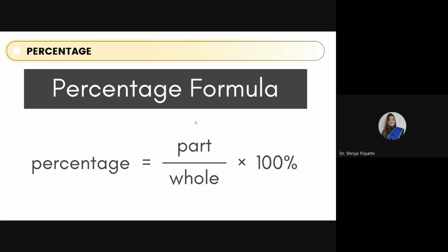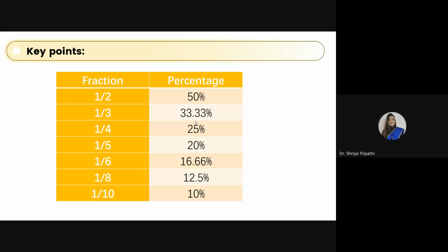If I'm saying 25%, that would be 1 by 4. What is that part which we are trying to consider, divided by the whole, the population size, or whatever your survey or sample is, the entire population or the universe, and we put that into 100.